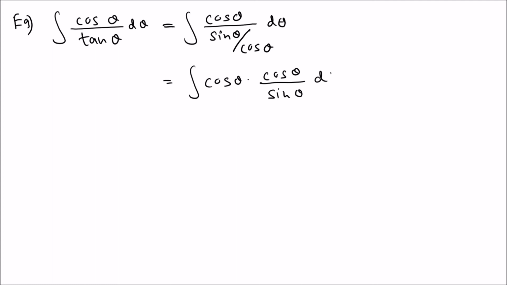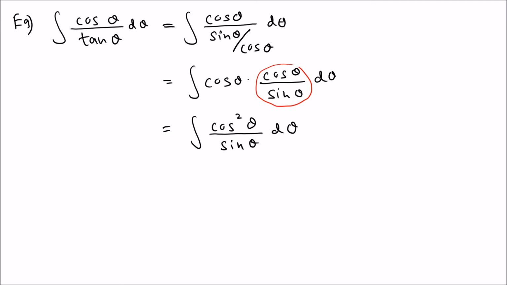So we invert this, we just take the reciprocal here, so that's why it's upside down. Now you can see this is simply cosine square theta over sine theta d theta.